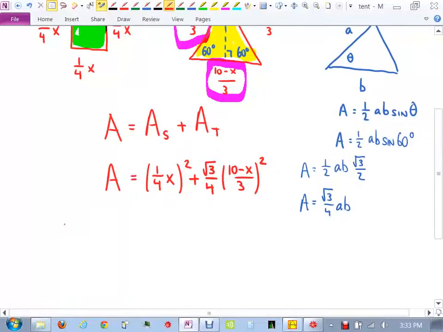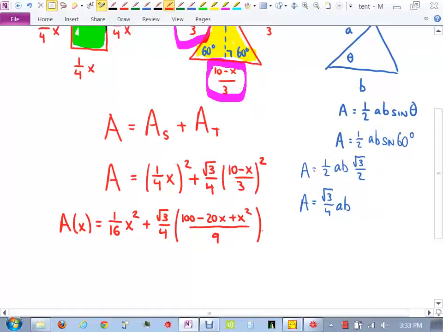So if I clean this up a little bit, area is all in terms of x, is 1/16 x squared plus √3/4 times 100 minus 20x plus x squared, all of this over 9.